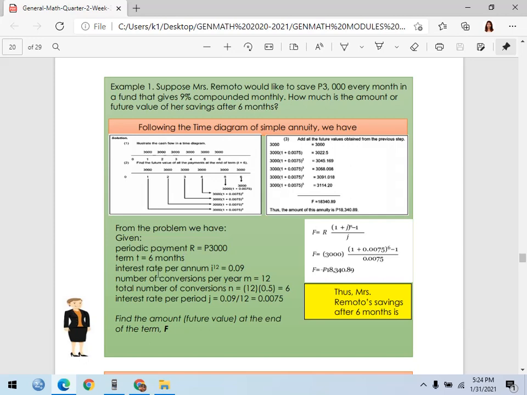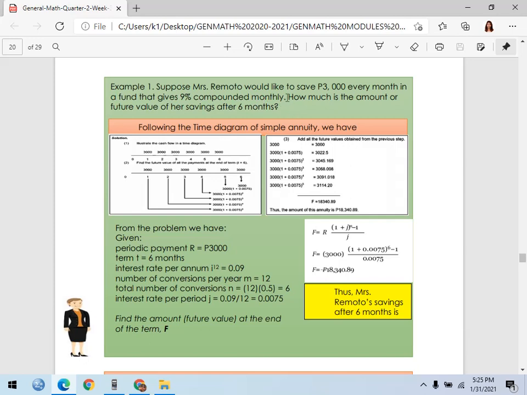Next, the term or the time is 6 months according to the problem. And then interest rate per annum is 0.09. Saan nanggaling yan? Ito siya sa given na 9%. Okay? So that is the interest rate per annum or per year. Next is the number of conversions per year, which is M. So saan manggagaling yun? We have here the monthly.